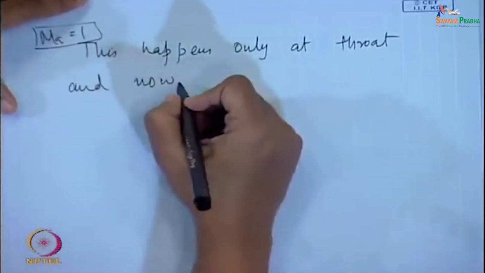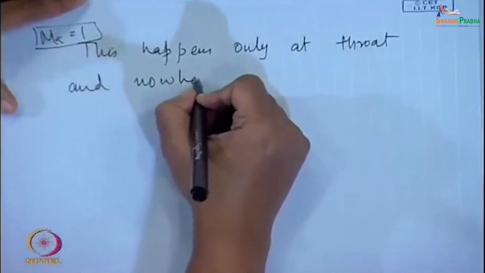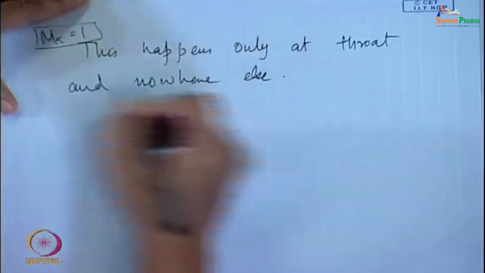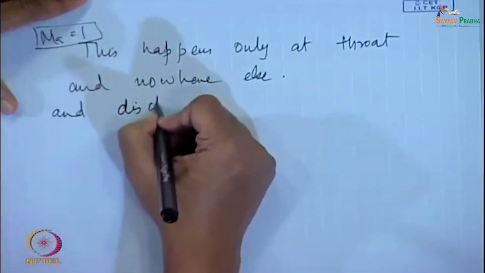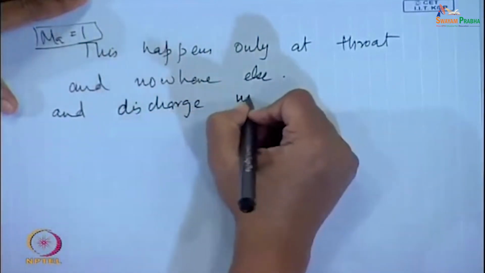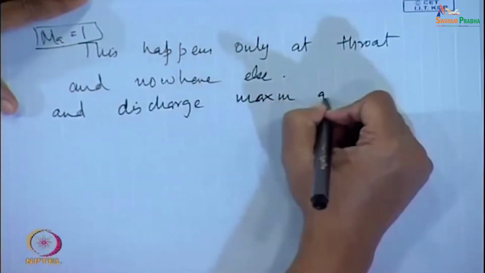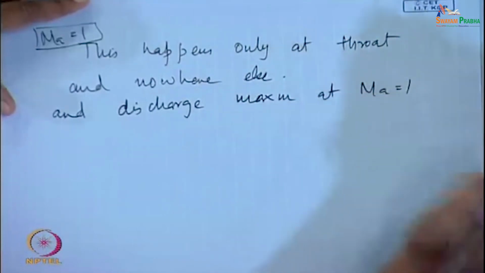As I had told you, this happens only at the throat and nowhere else, and discharge is maximum at Ma equals 1.